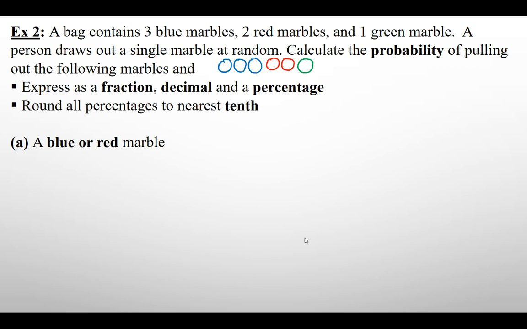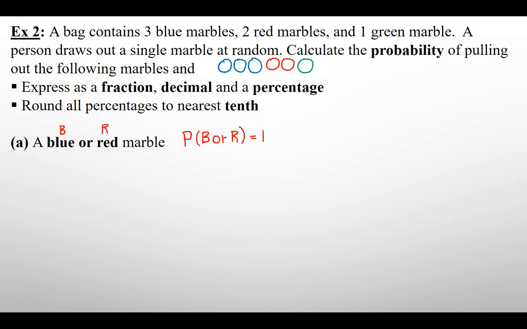Okay, so I want the probability of getting a red or a blue marble. So I'm going to write down probability of B or R. We'll abbreviate B for blue and R for red. We can do abbreviations just to save ourselves a little bit of work here.